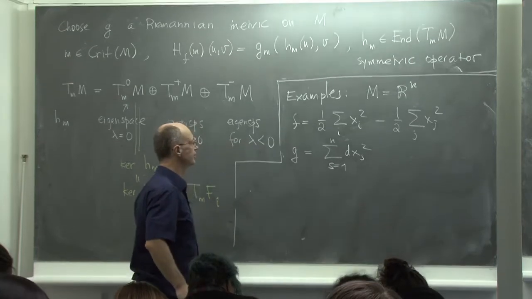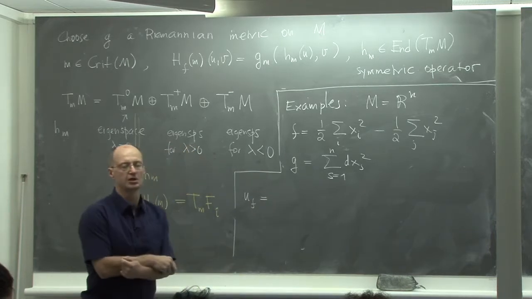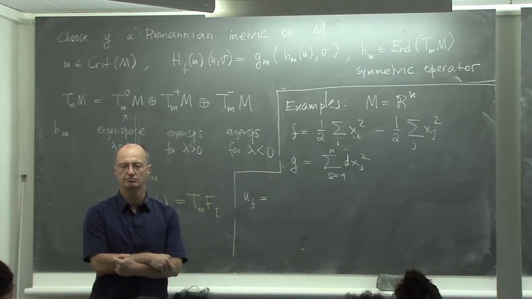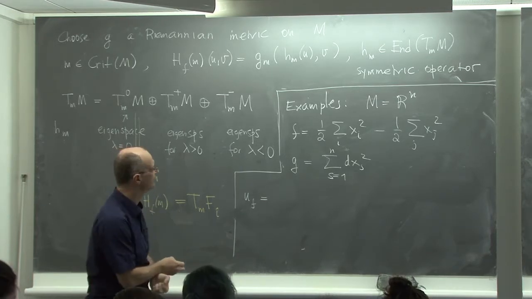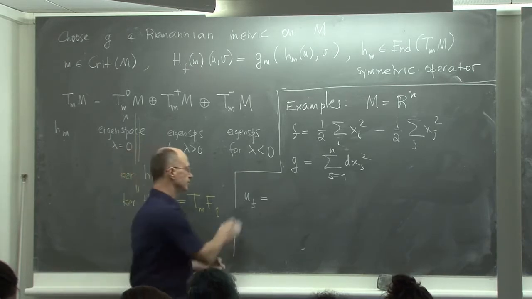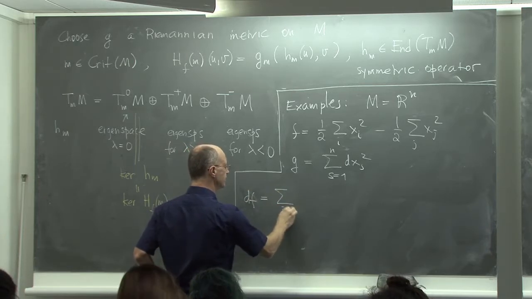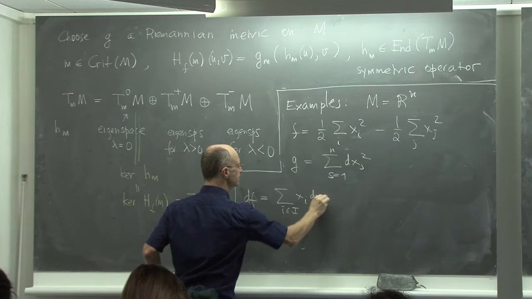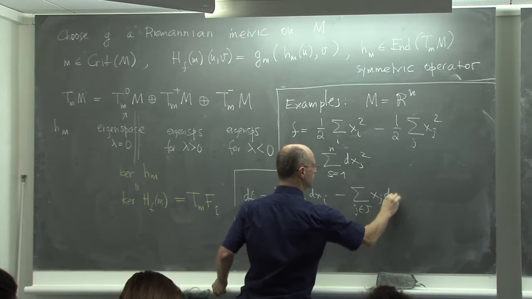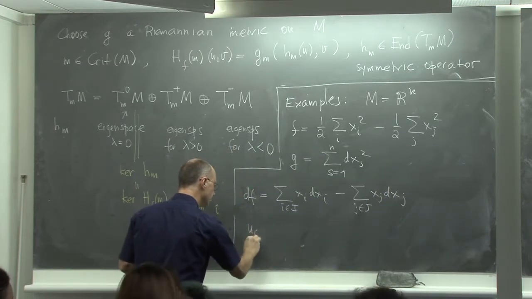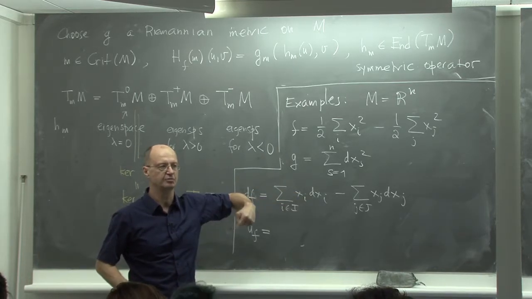Now what about the gradient flow? How would the gradient flow look like? Right, it should be a vector field. Let me recall, df is a sum over i in I of x_i dx_i minus sum over j in J of x_j dx_j. So now we need to convert it into a vector field by applying the metric.